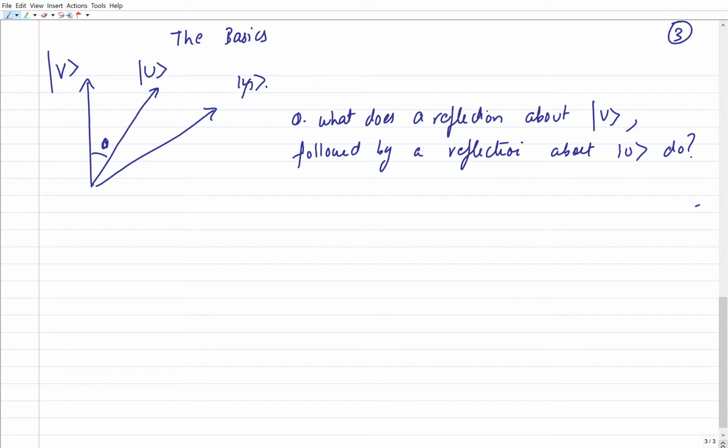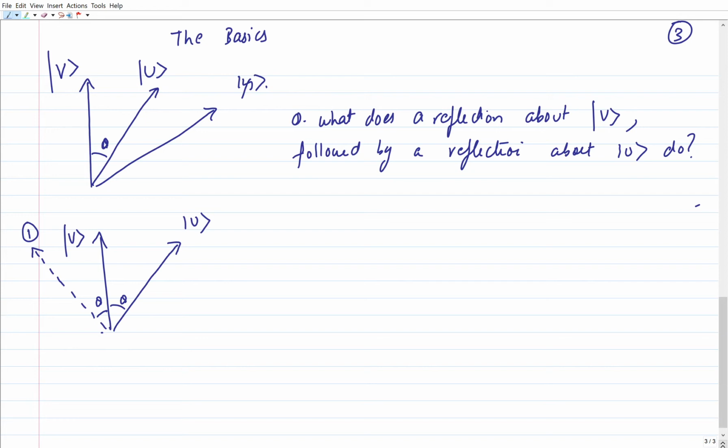If you look at it geometrically, this is v, this was u, and this was the angle theta. You go here, this is the reflection about v.